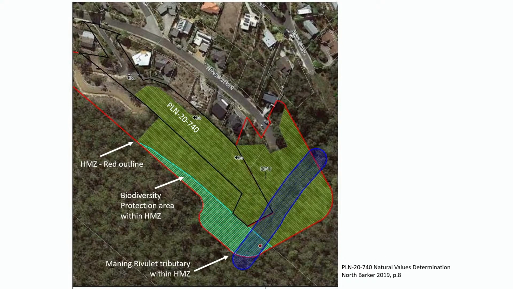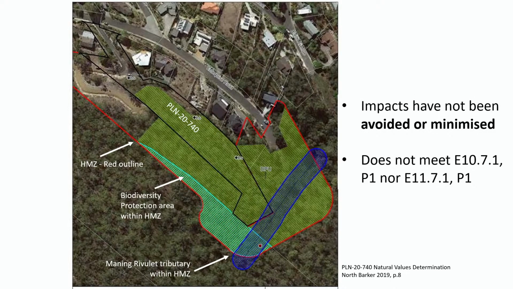The red line encloses the area to be cleared, and the bright green shows a biodiversity protection area which is overlapped by that hazard management clearing, and the blue pattern shows the area related to a protected waterway, both of which are impacted by those choices of 12.5, high density, and siting close to the boundaries. In fact, there's been no attempt to minimise those impacts.